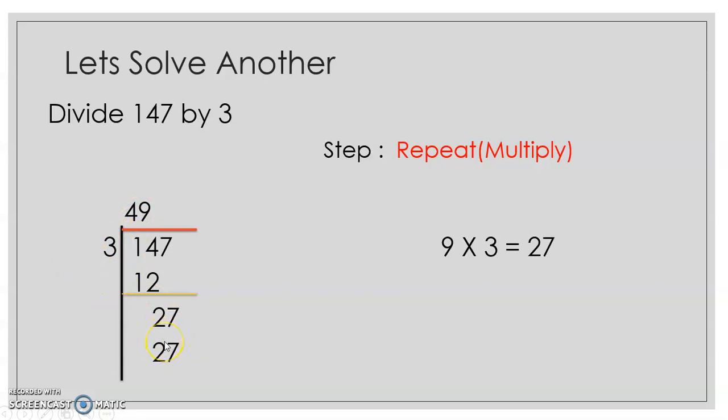We got 27. What's our next step? Subtract. 27 minus 27 is 0. That's where our solving ends, because we have arrived at 0. So it means that 147 divided by 3 is 49.